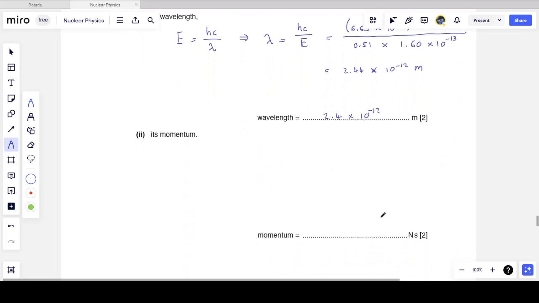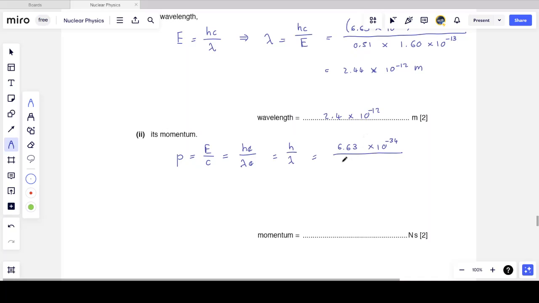Now they ask us for the same gamma ray photon to find its momentum. Remember, momentum for a photon, P, is E by c, which is hc over lambda over c. hc over lambda c. Hey, that simplifies to h over lambda, which is again Planck's constant, 6.63 times 10 to the minus 34. But guess what?